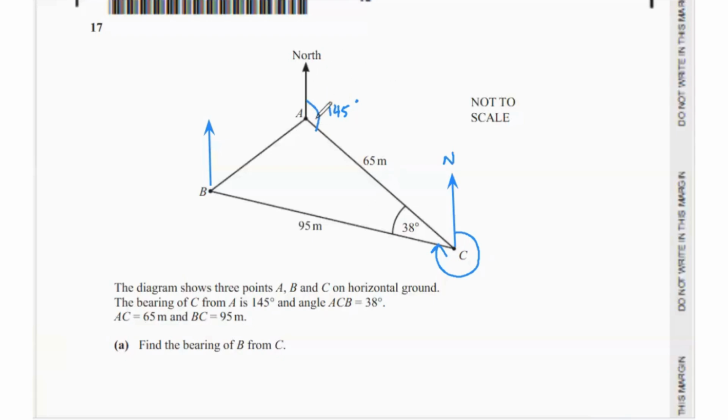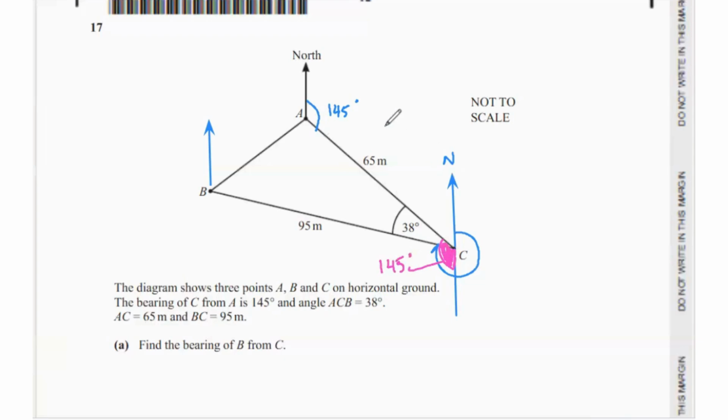if this is 145, what you need to remember is that when you have parallel lines, these norths are parallel. So in parallel lines, alternate angles are equal to each other. So if this angle above the line AC is 145, below the line it's also going to be 145.